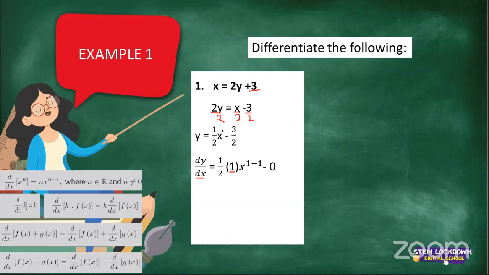Remember, this is raised to the power of 1, and then this is a constant. The derivative of a constant is 0. Then you'll have x to the power of 0, which is 1. So 1 times 1 times a half, your answer will be a half.